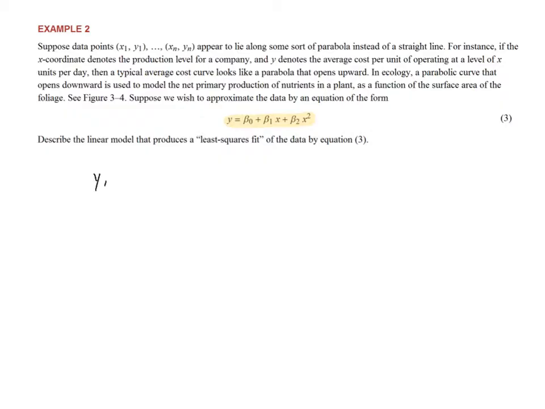And so y1 is equal to b0 plus b1 times x1, plus b2 times x1 squared plus my epsilon residual. y2 is b0 plus b1 x2, I might mess up the subscripts here, so I've got to be super careful, plus b2 x2 squared plus epsilon 2.